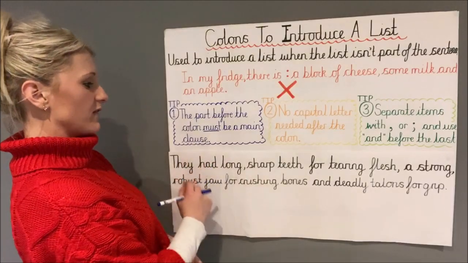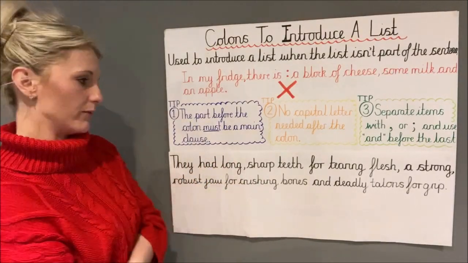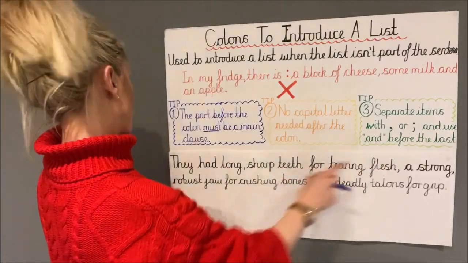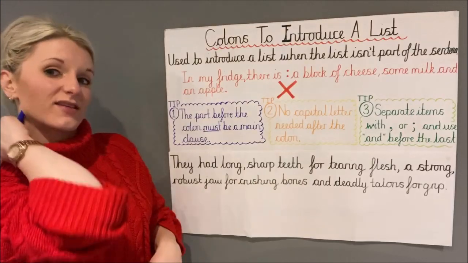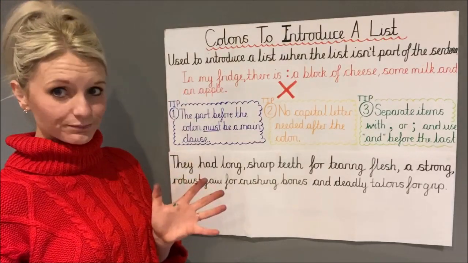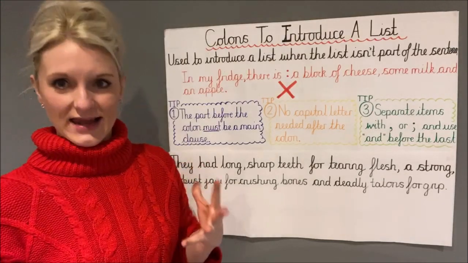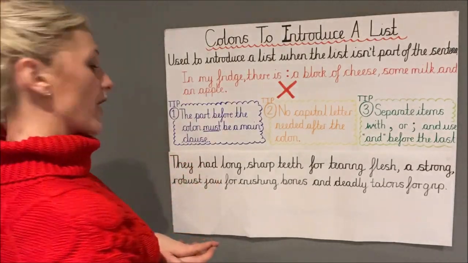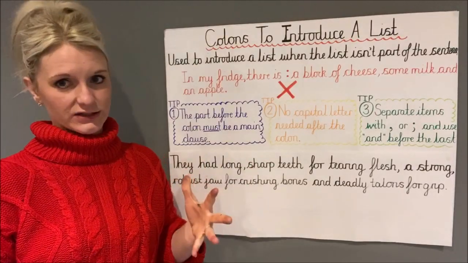So the list of things includes features of an animal. So we've got sharp teeth, we've got a strong jaw, and talons for grip. So I'm going to say they had many deadly features, or many lethal features, or I could say they had features which made them deadly predators.